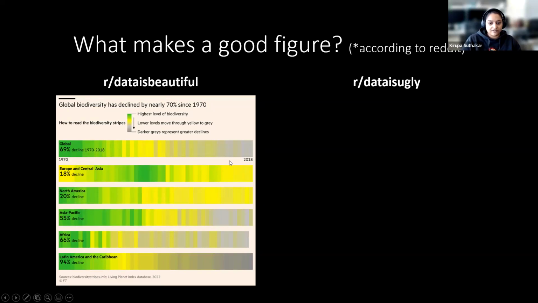Got 1970 on the left, 2018 here on the right. We can see the color scale follows this, matches what they've said here. They've then broken it up into different regions. They've used the same color scale. They haven't duplicated these numbers because I don't think it's really necessary, even for someone who isn't cognizant of biodiversity statistics in the last 50 years.